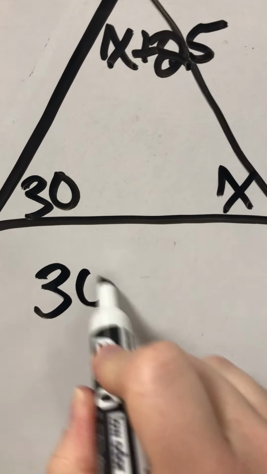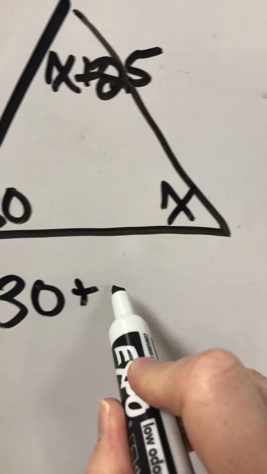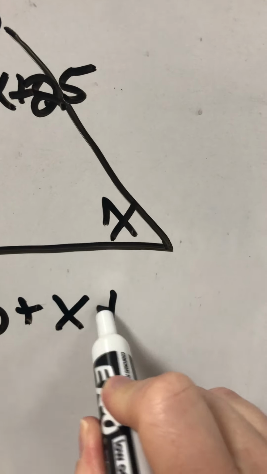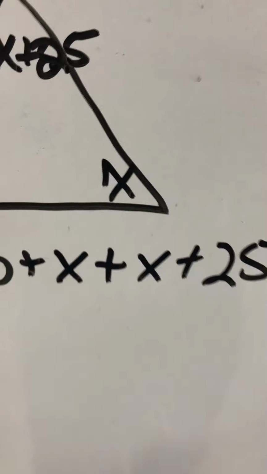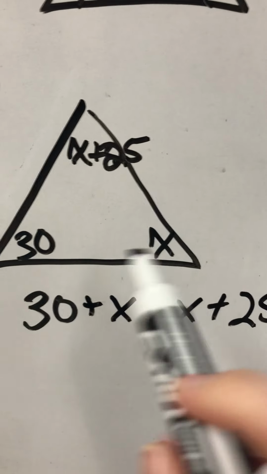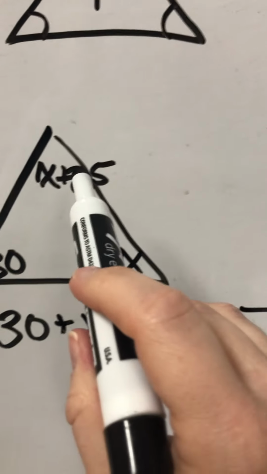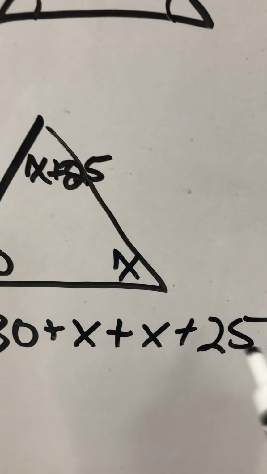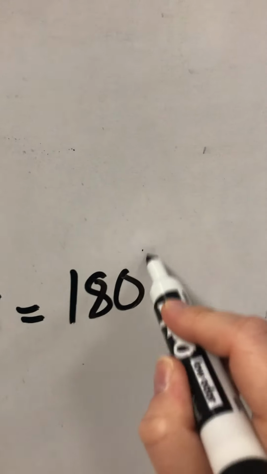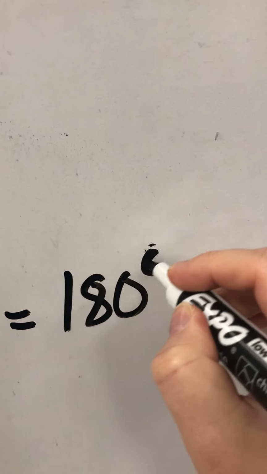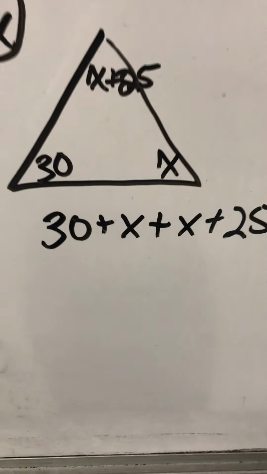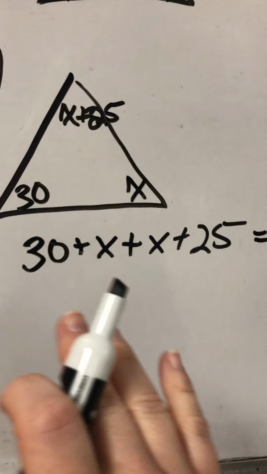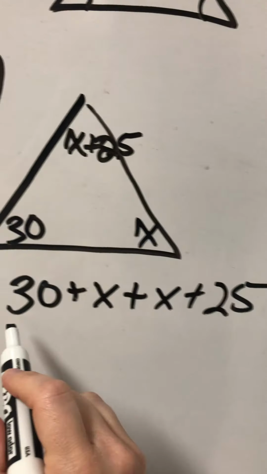So I'm going to take 30 plus X plus X plus 25. I took everything that was in there, 30, X, X plus 25, added it all together, and you're setting all of that equal to 180 degrees. Now it's just a matter of, like I said earlier, combining like terms.